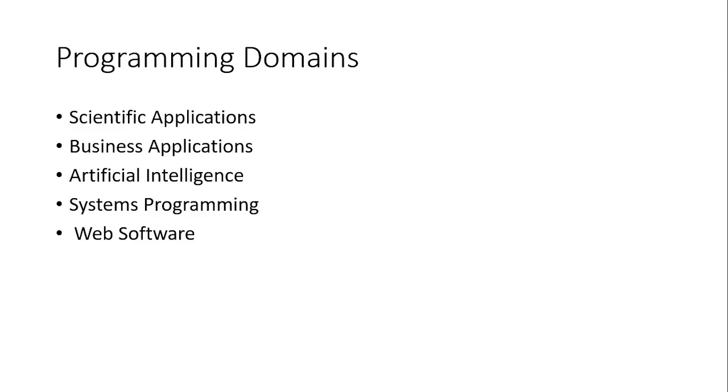Examples of these scripting languages are JavaScript or PHP. There are also some markup languages that have been extended to include constructs that control document processing. So these are the applications, or programming domains.